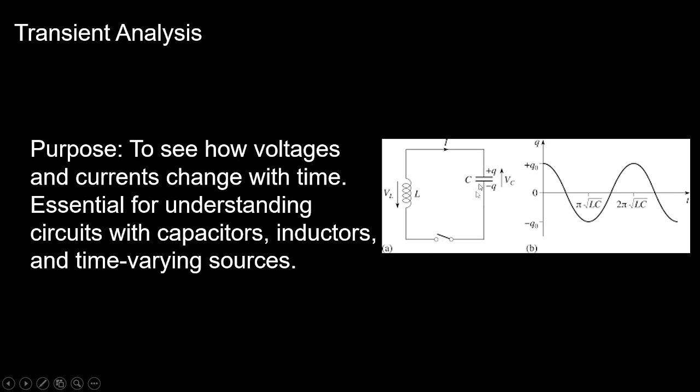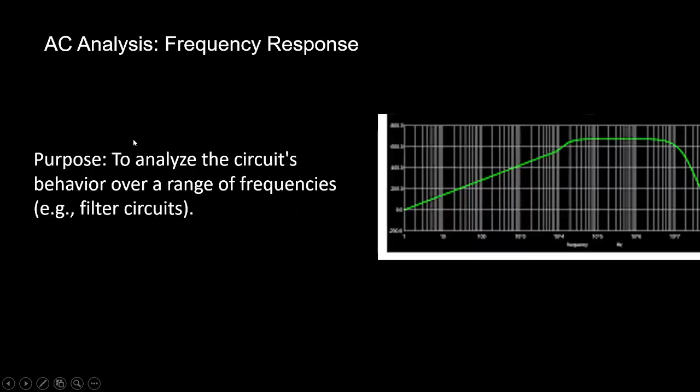The current or voltage in the circuit will vary with time. So for signals which vary with time, transient analysis is very important. We can see what the variations of voltage or current with time are, and plot them using the transient response.